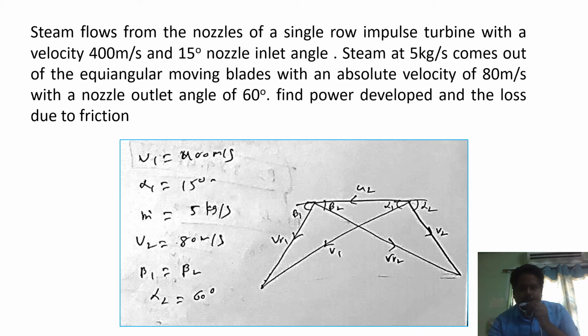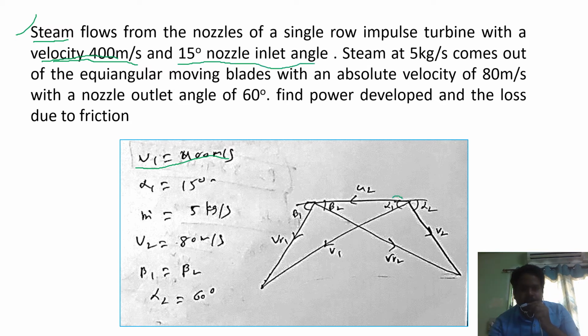Now let us solve a problem on impulse turbine. Steam flows from the nozzle of a single row impulse turbine with a velocity of 400 meters per second, which means the inlet velocity of the steam V1 is 400 meters per second, and 15 degrees nozzle inlet angle.